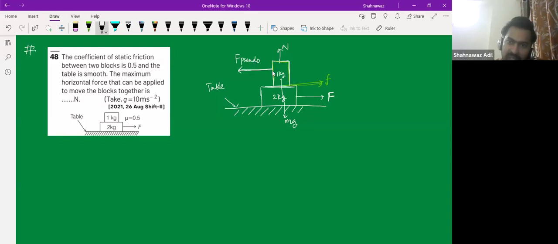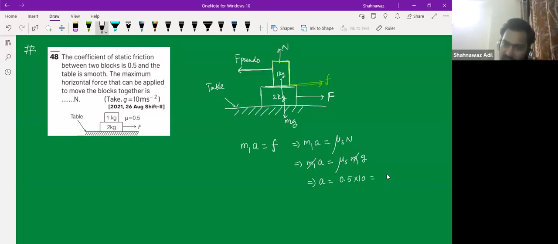So F pseudo, with this mass as M1, is M1A, which would be equal to the friction F. And F is mu S N, where N is M1 G. So M1 cancels, and A is mu S times G. Mu S is 0.5 and G is 10.